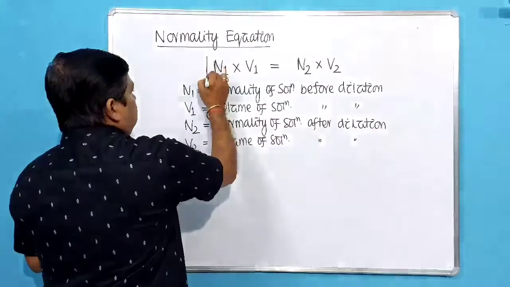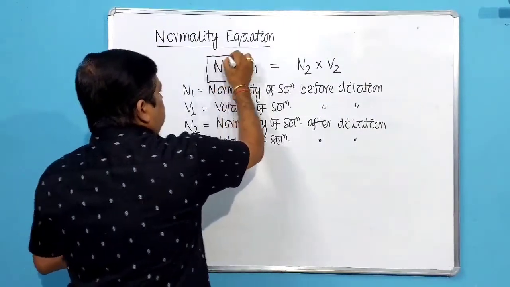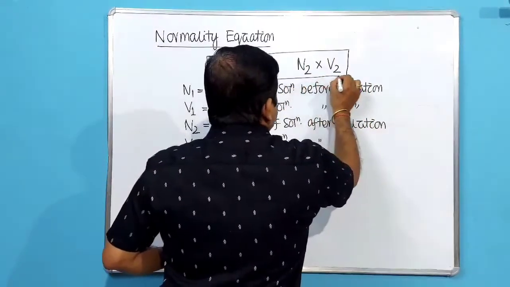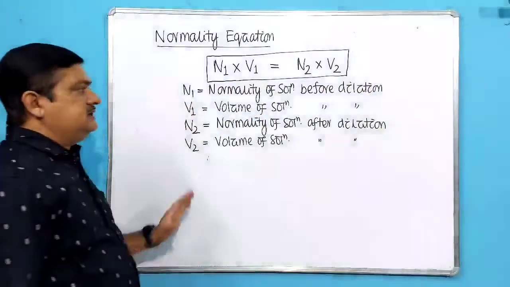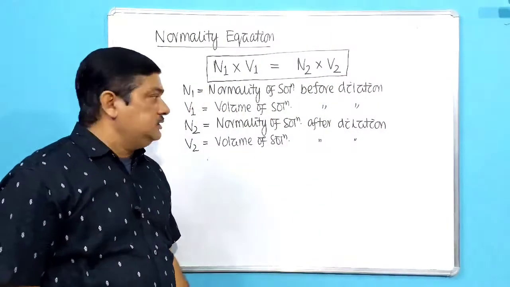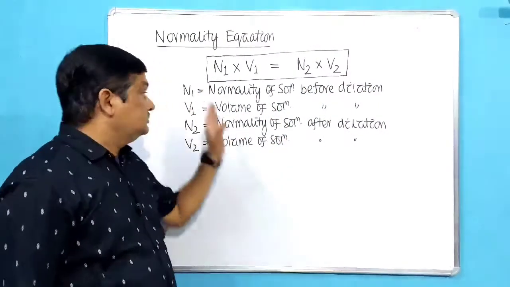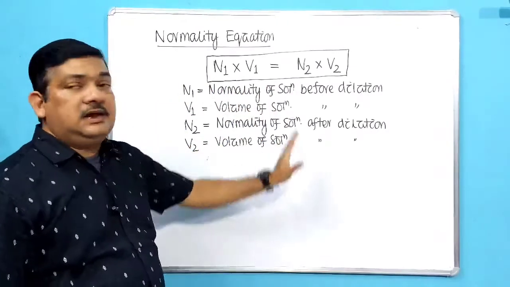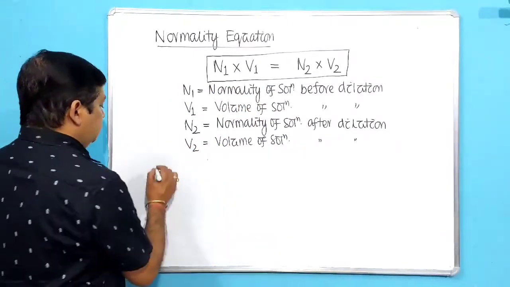So, similar formula you will remember when any solution of given normality is diluted. That means it is added with solvent. Then the normality changes to N2, new volume becomes V2. So that the relationship will be established like this. N1 into V1 will be N2 into V2.